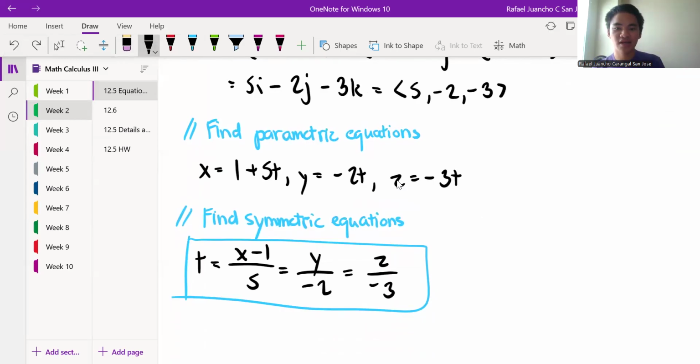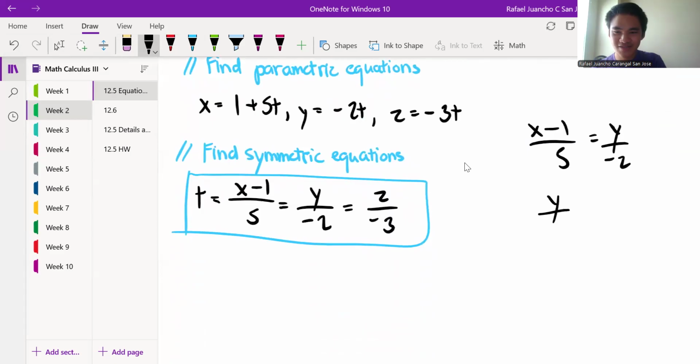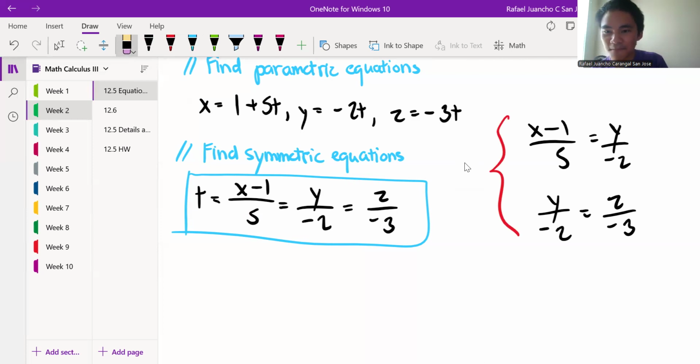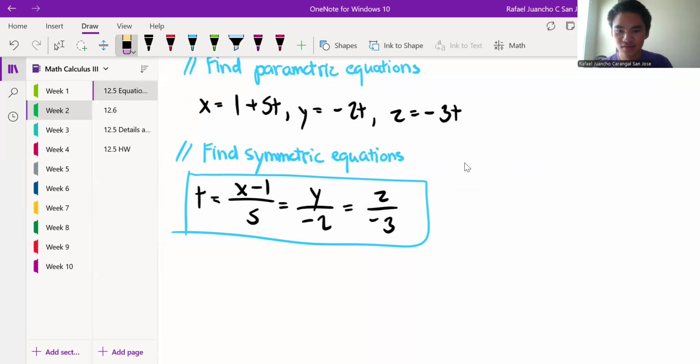And so we can say that line L could be this thing, y minus -2, or that line could also be this thing. So now we have a system of linear equations, right? That's pretty interesting.